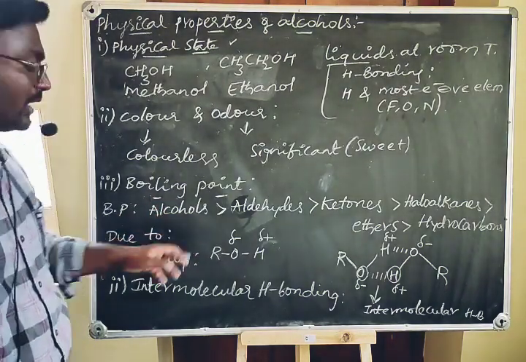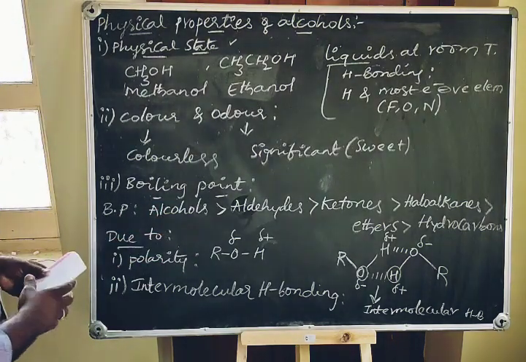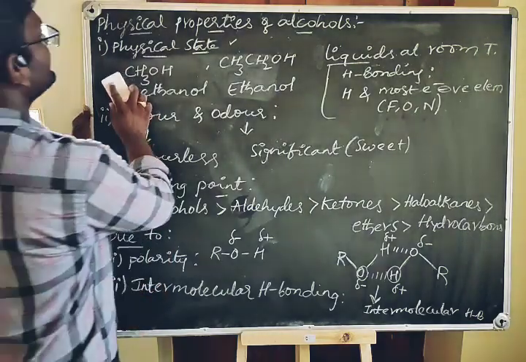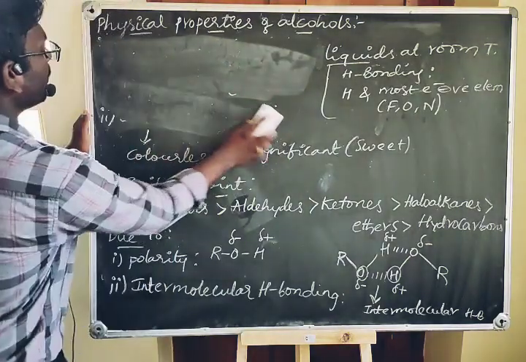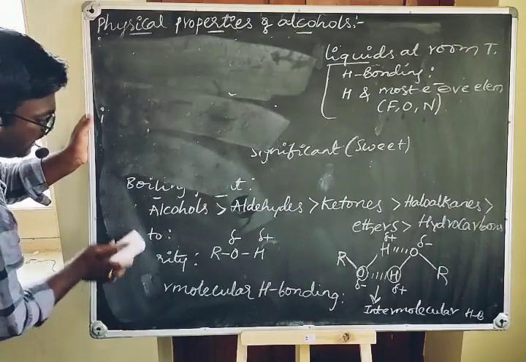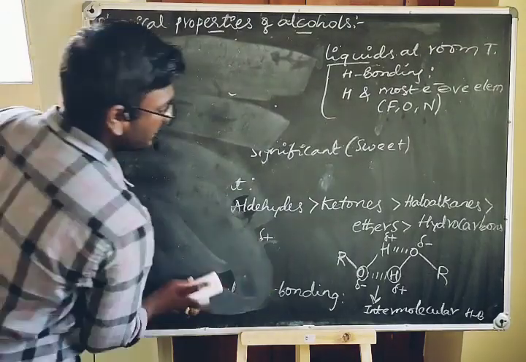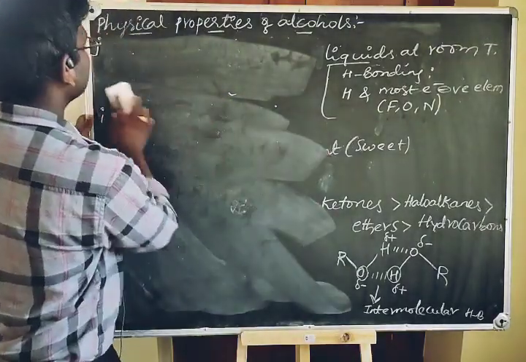In the case of the homologous series, the boiling point increases with increase in size.